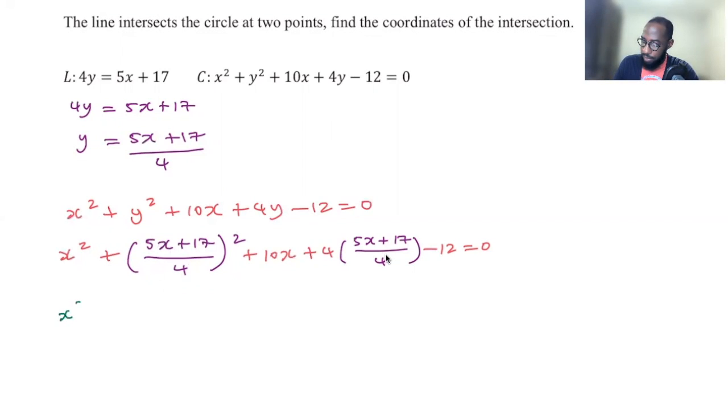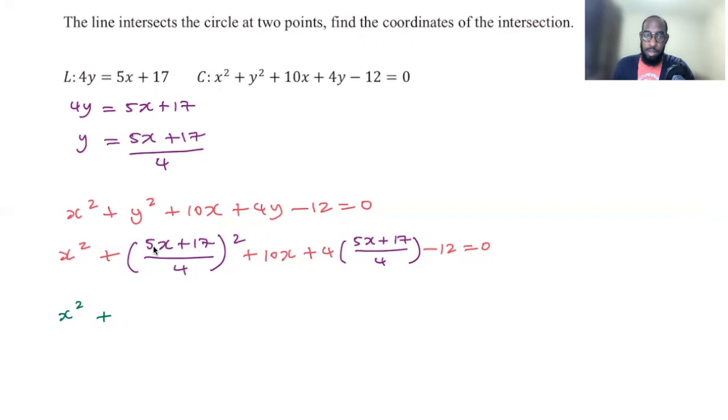So we have x squared plus, and I'm going to deal with this square. I'm going to square the numerator and I'm going to square the denominator. You can check out my expansion of brackets video for further explanation on how I square the numerator and denominator, because I'm not going to go into too much detail.